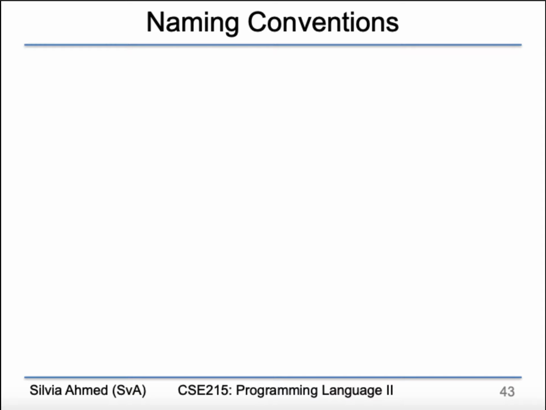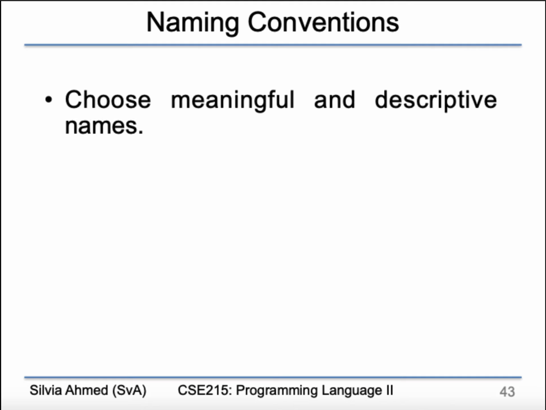Okay. So the very important naming conventions. Conventions means what is the usual styles that the Java programmers or any specific people follow in any specific place. Okay. So the first thing is choose meaningful and descriptive names.